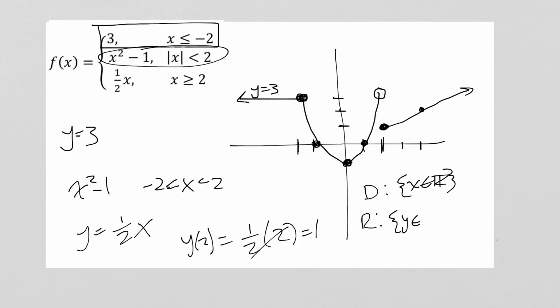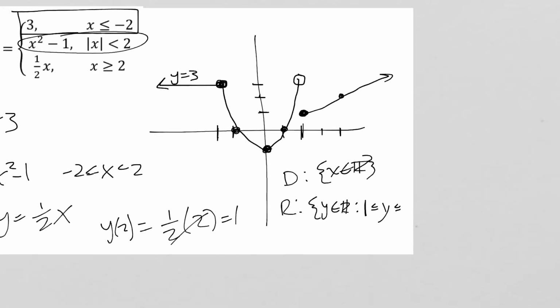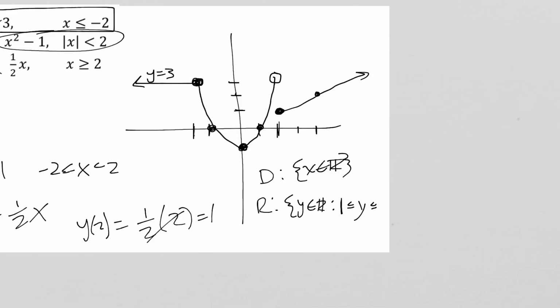So my y values are going to have their lowest point at -1, and then they're going to go off into infinity, because that keeps going up forever. So I actually only need that. Y is greater than or equal to -1 is what that should say. So interval notation, y is in the interval going from -1 up into positive infinity. Boom.